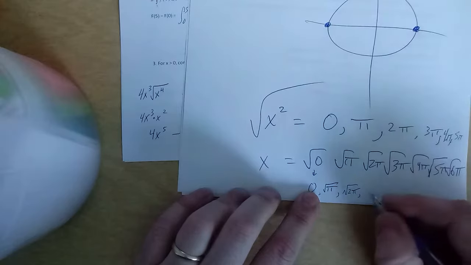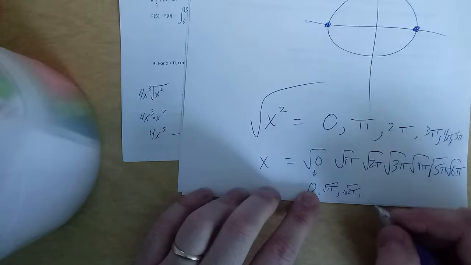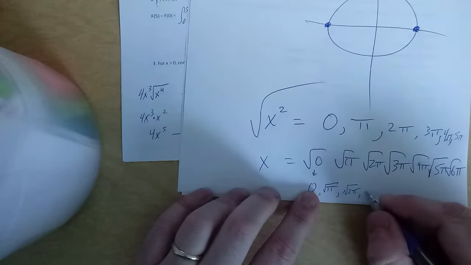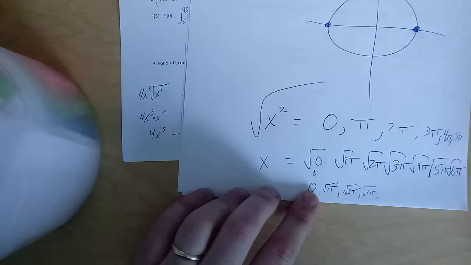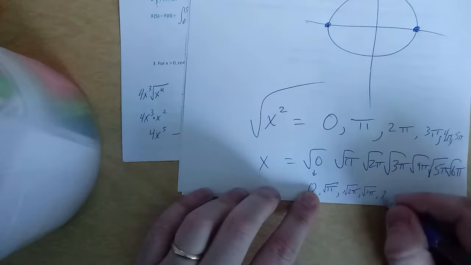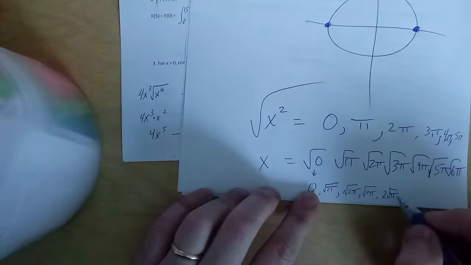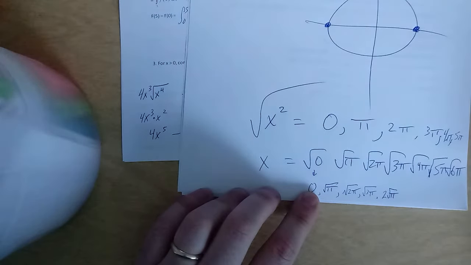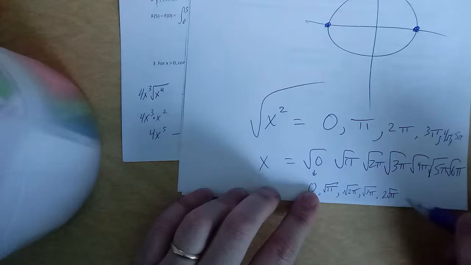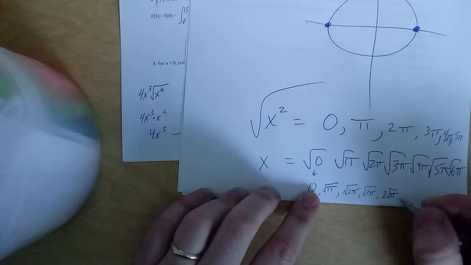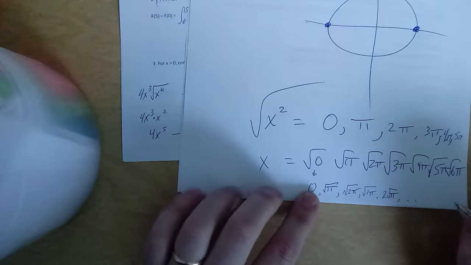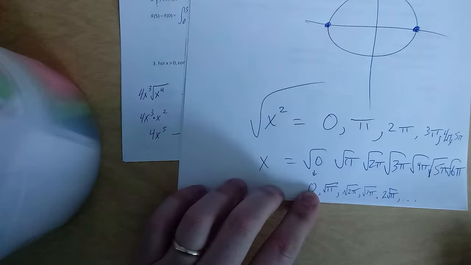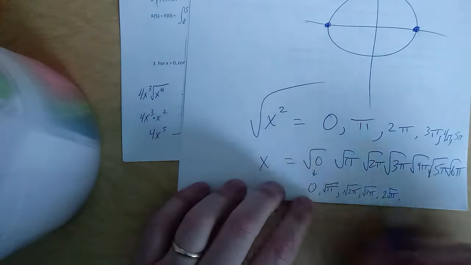Square root of 3 pi is probably also good. Square root of 4 pi, and you may even want to check with your calculator. 2 square root pi is still going to be smaller than 2 pi on its own. And I actually don't know where this stops. We would need to go into our calculator and check, which I'm going to be lazy and not do right now.